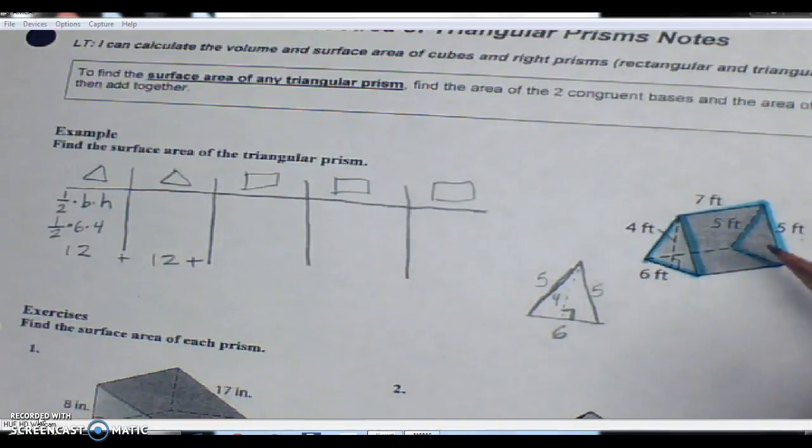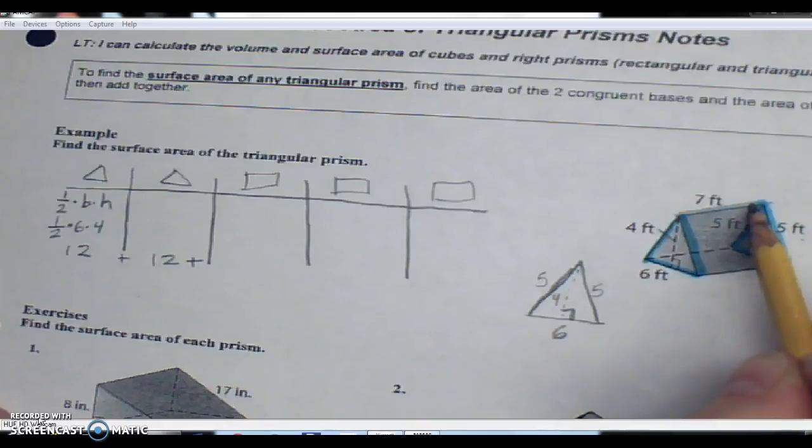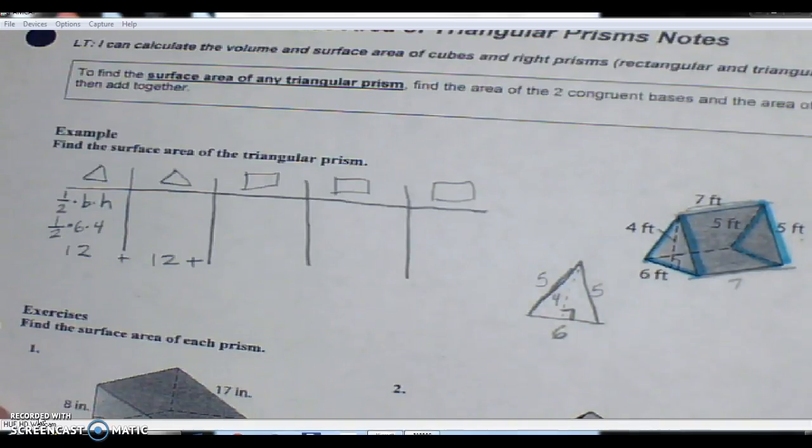Then I look over here at my 3 rectangles. If I look at my rectangles, the height of the prism is 7 feet. Each of these edges is 7. Every rectangle has a length of 7. So when I look at my 3 rectangles, I see that I've got a 7 by 5 rectangle on the front side.